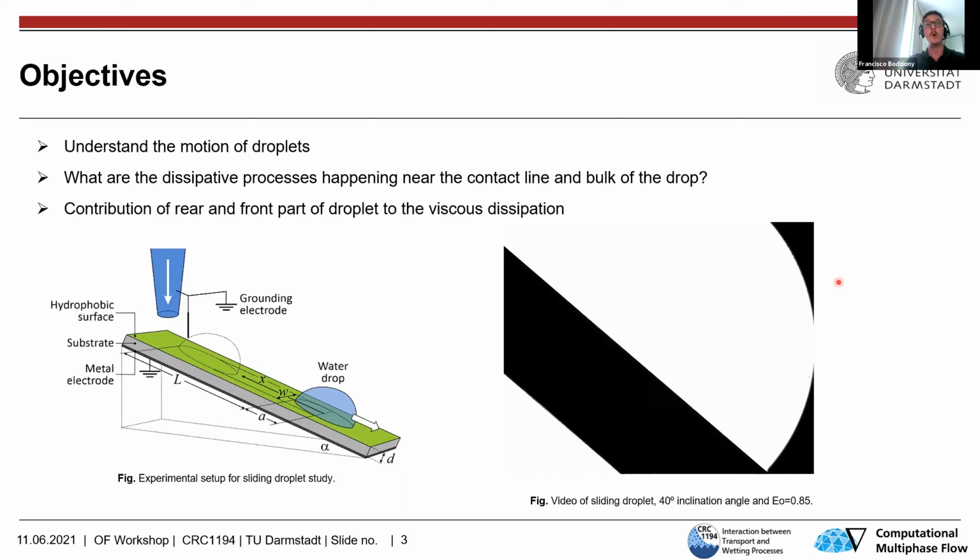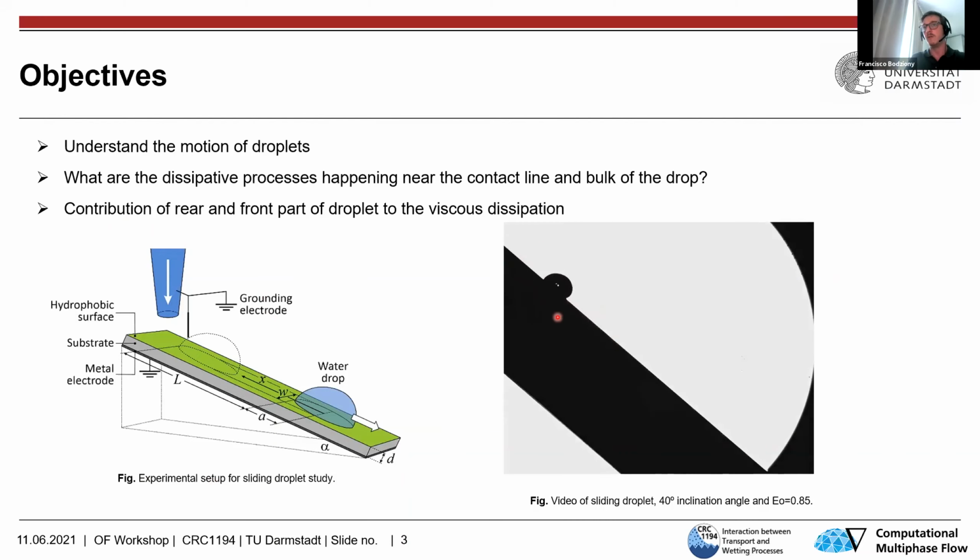Here is the experimental setup on which we have based our simulations, and a video of water droplets sliding down a 40-degree inclination angle. I'll show it again. As you can see, we are trying to simulate this sort of behavior.